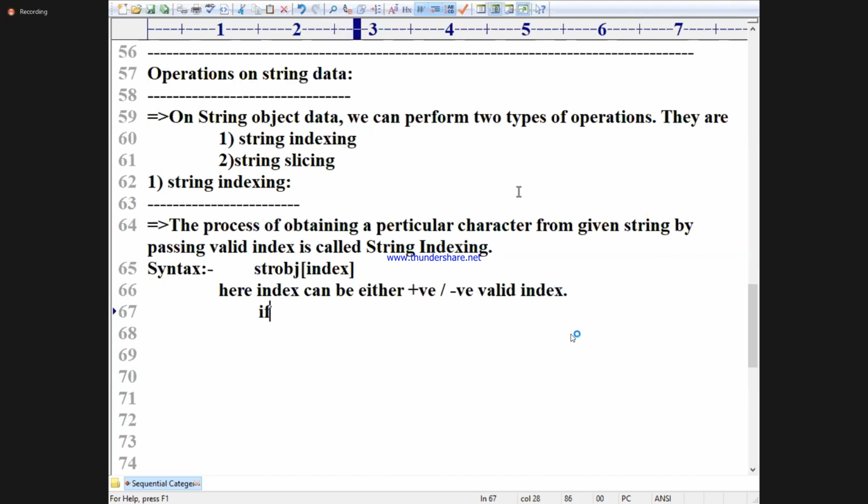If the index value is invalid, we get index error. Very important. Index error.